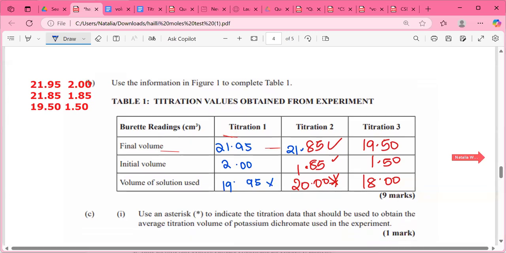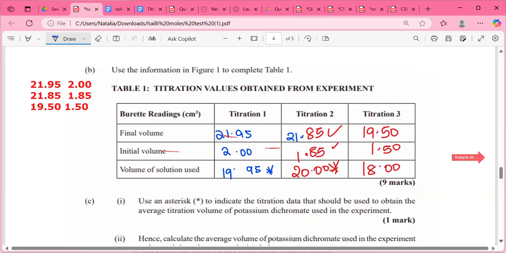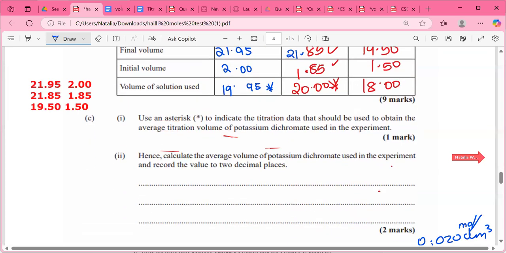So my asterisk would go here and here. Then it says, hence calculate the average volume of potassium dichromate using the experiment and record the values to 2 decimal places. So it would be 19.95 plus 20.00 divided by 2, which is 19.98 centimeters cubed.